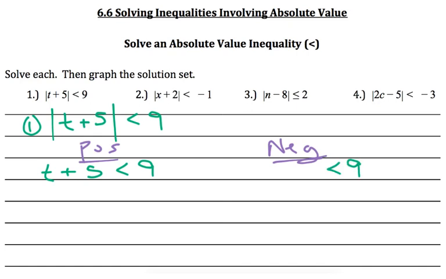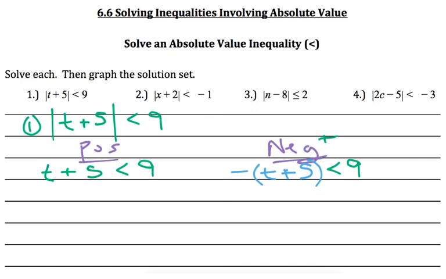Now, in the other ones, we would have just made this negative, but there's a small difference here. In parentheses, I'm going to write t plus 5, and that has to be less than 9, but it could also be negative. Now here's the reason that we put the negative on this side in these problems and not on the right side in the other ones.